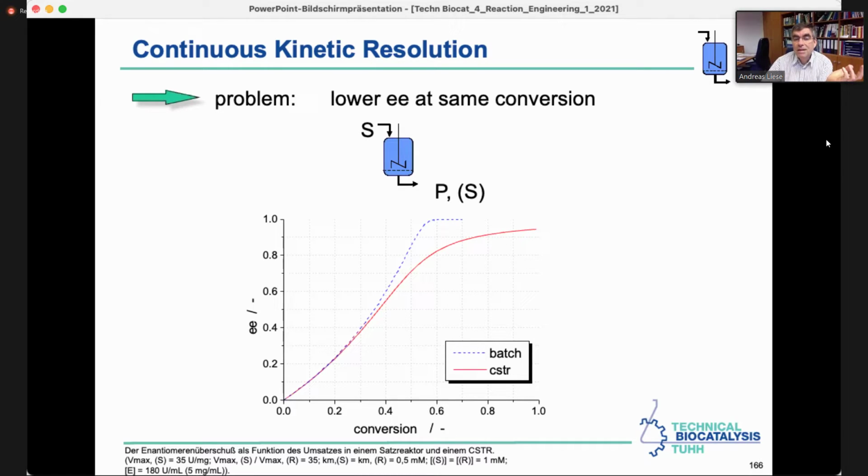Because of the mixing under outflow conditions, the red line, the CSTR, you see we never reach 100% EE, so we're stuck somewhere around 95. Therefore, as a fundamental principle, if you want to run a kinetic resolution, chemically or biocatalytically, your first choice will always be a batch reactor or a plug flow reactor. You will stay away from a CSTR.